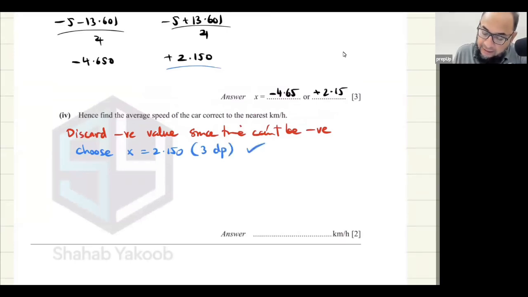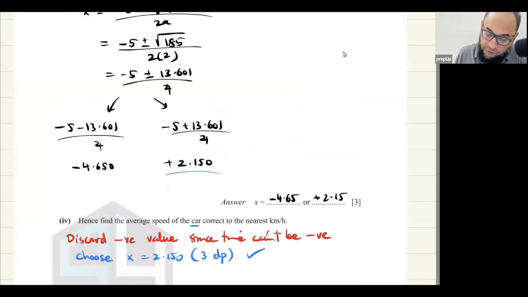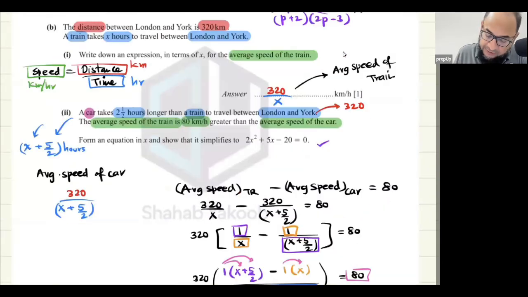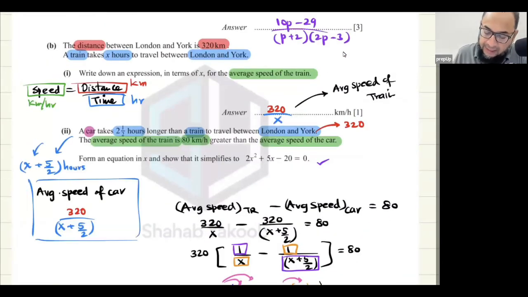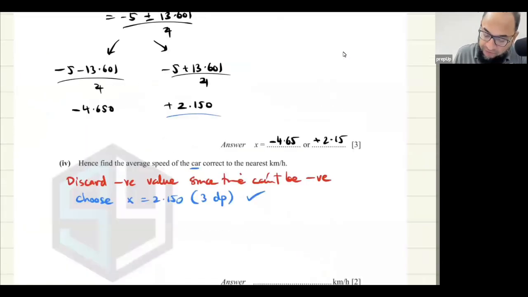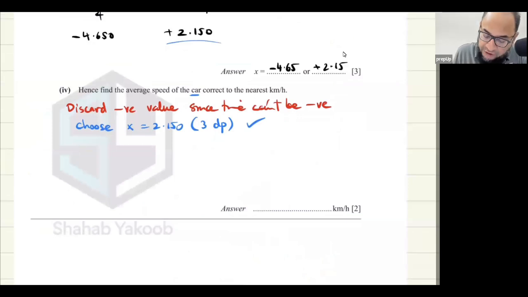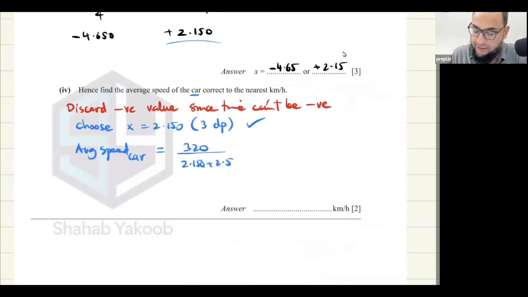And they are looking for the average speed of the car. So where is the car? Average speed of the car is this. That is 320 over x plus 2.5. So average speed of the car is 320 over x, which is 2.150, plus 2.5. So that is 4.650.